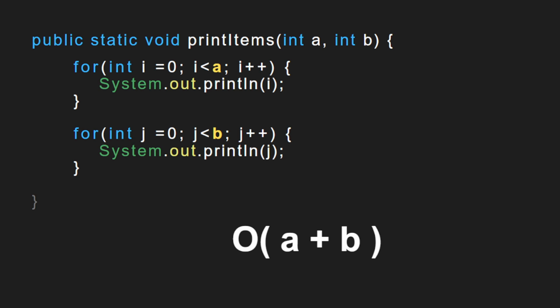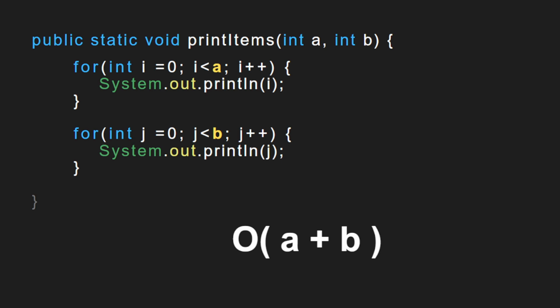The reason for this is, if A was 1 and B was a billion, this would be very different for loops. And you have to understand how each one works to understand the time complexity for the entire method.